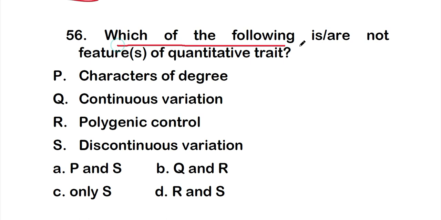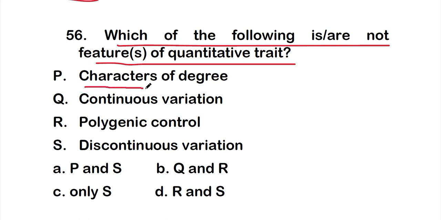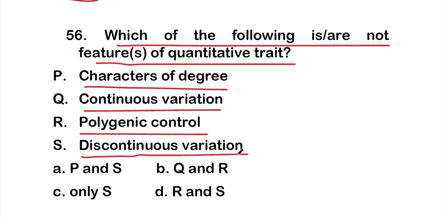Which of the following is or are not features of quantitative trait? The statements are: P, characters of degree or continuous variation; Q, polygenic control; R, discontinuous variation.